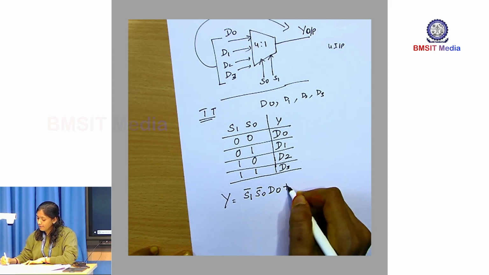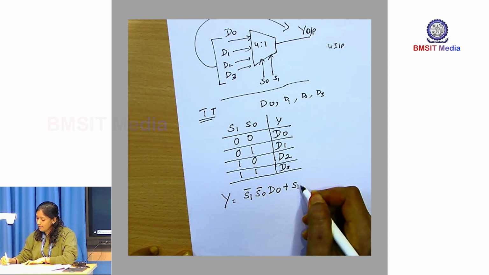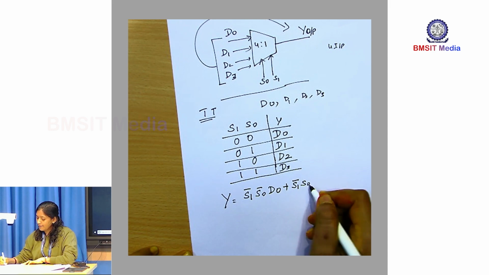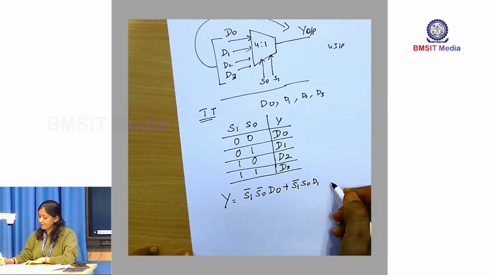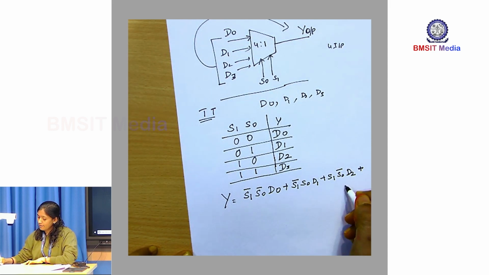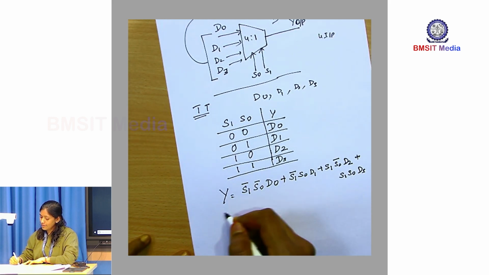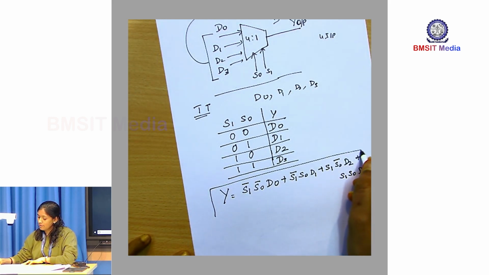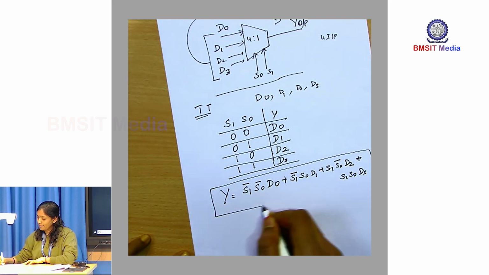Next, whenever we have S1 bar and S0, data D1 is selected, plus whenever S1 and S0 bar, data D2 is on the line, plus whenever S1 is 1 and S0 is 1, data D3 is on the line. So, this is the output expression for the 4:1 mux.